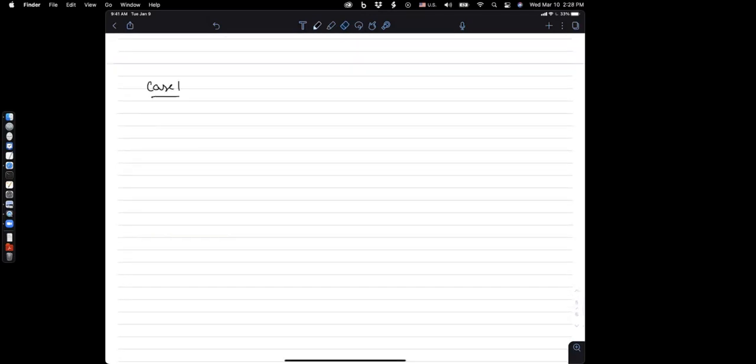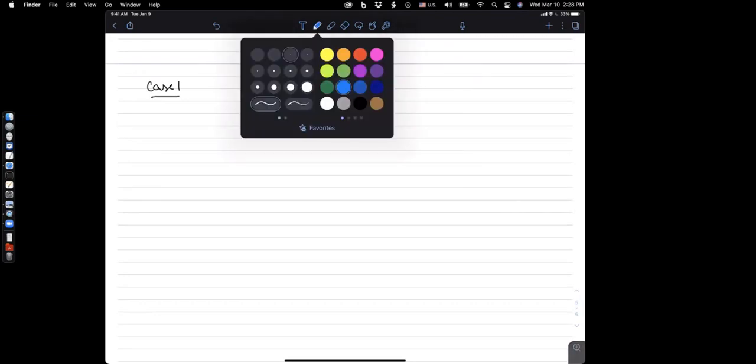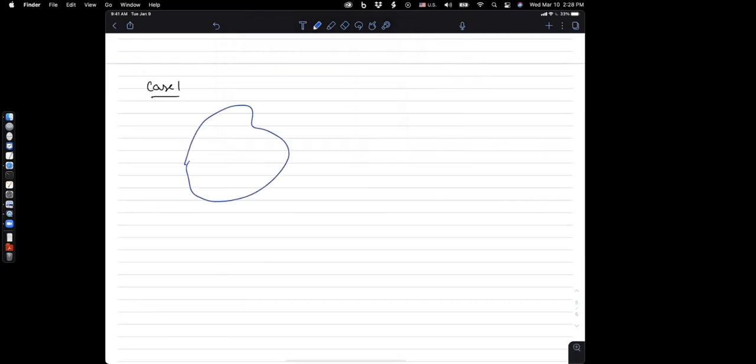Case 1 is when the velocity of A is known, and the velocity of B is exactly equal. So A, B, VA equals VB.